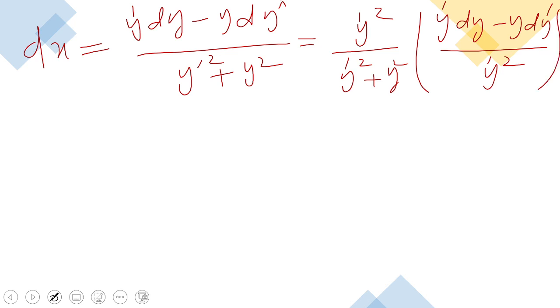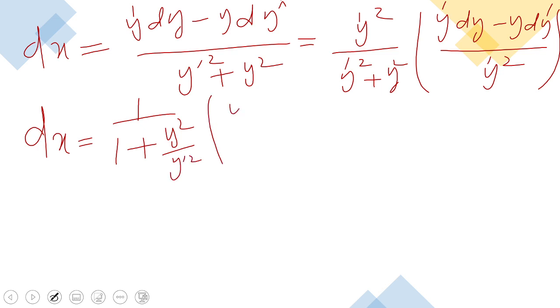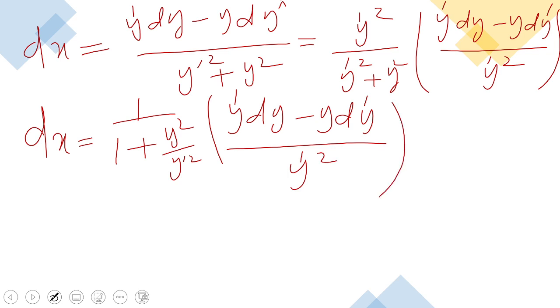And with some other simplification, I am writing this one over 1 plus y square by y dash square, into y dash dy minus y dy dash over y dash square.